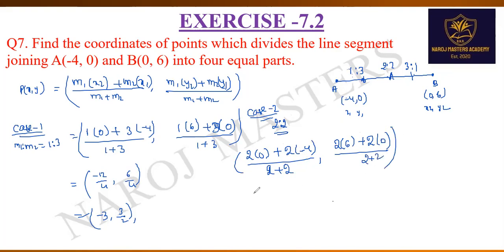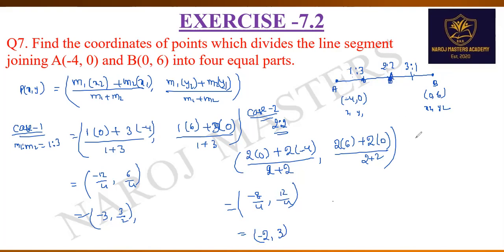So here minus 8 by 4, comma 12 by 4. Minus 8 by 4 means 4 twos, so this is minus 2 and this is 3. So the coordinate is minus 2 comma 3.